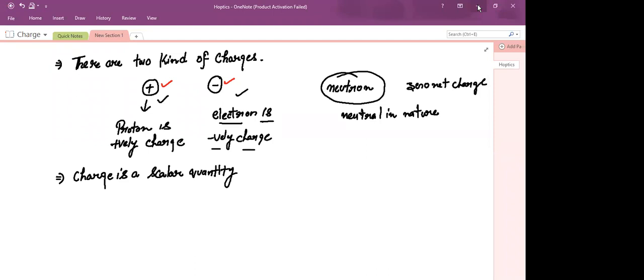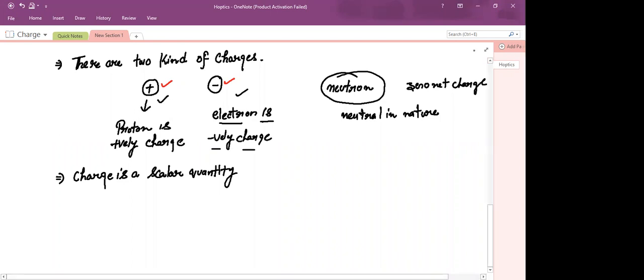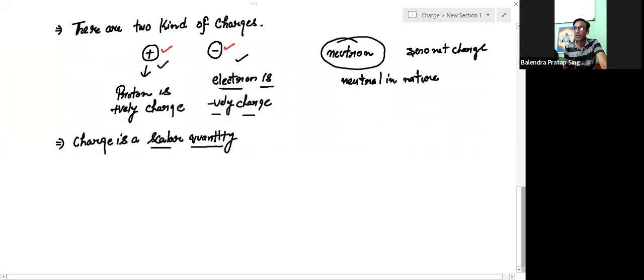Vector? No. Mass is also a scalar. Just like mass, charge is also a scalar. Is it clear? Mass is a scalar because it has only magnitude, and charge is also a scalar quantity.